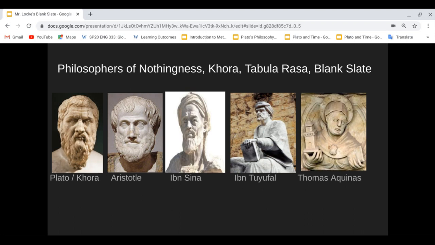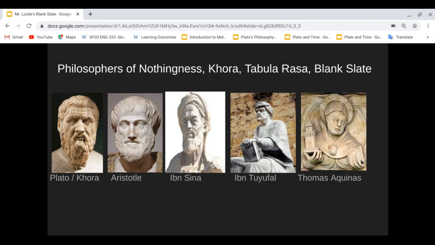Okay, philosophers of nothingness. So you can see here, if we look back in the history of philosophy, there are a lot of philosophers who thought about chora, tabula rasa, or the blank slate. We've mentioned Plato's chora, Aristotle's tabula rasa, but we find it in the Islamic tradition as well. Ibn Sina, who we've talked about earlier, Avicenna, Ibn Tufail, author of a wonderful book called Hayy ibn Yaqzan, which Daniel Defoe borrowed from when he wrote Robinson Crusoe.